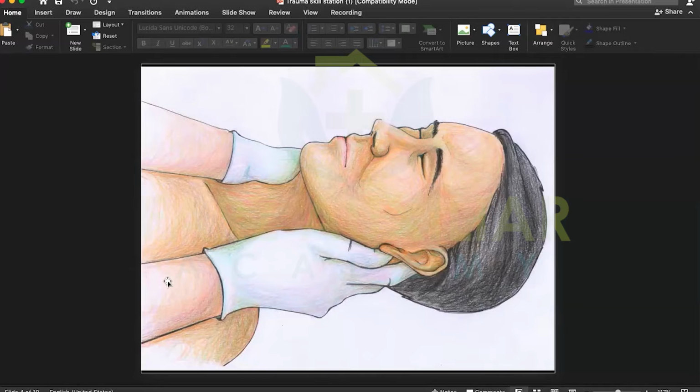All those patients are suspected of having cervical spine injury as per the Canadian cervical spine rule and the NEXUS criteria. In those patients, the cervical spine has to be stabilized, and this is called manual in-line stabilization of the cervical spine.